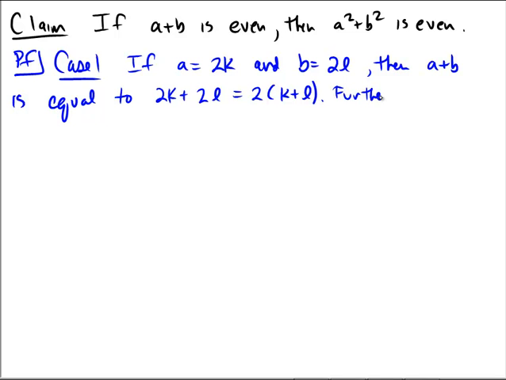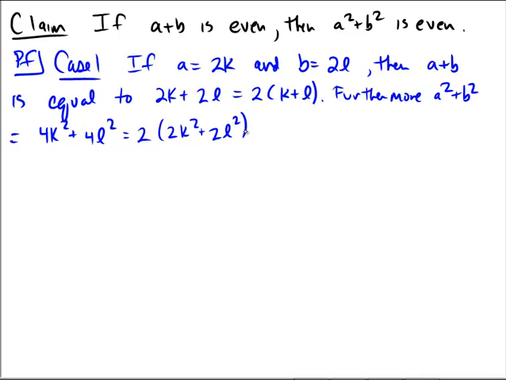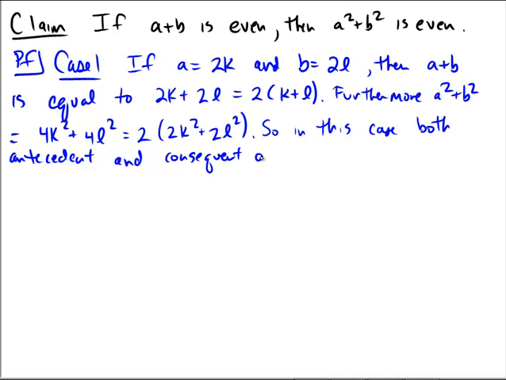Furthermore, a squared plus b squared would be equal to 4k squared plus 4l squared, which is 2 times (2k squared plus 2l squared). So in this case, both antecedent and consequent are true. So in this case, we have a true antecedent and a true consequent.